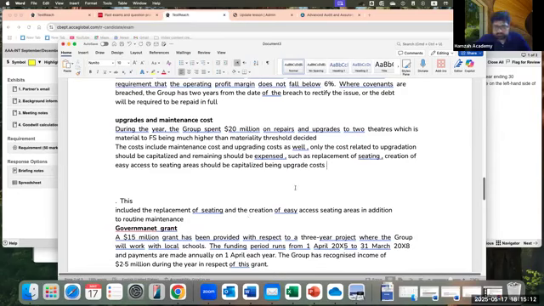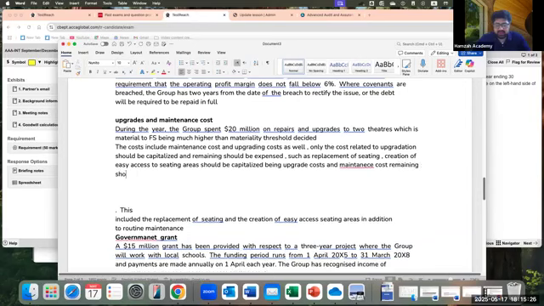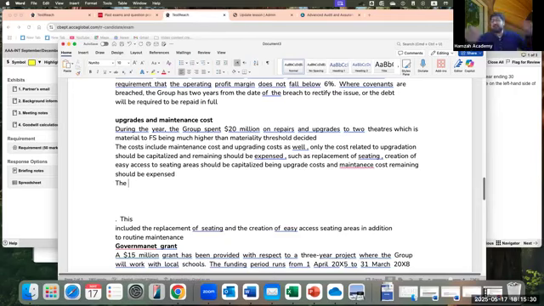Now, the risk is, and maintenance cost remaining should be expensed. The risk is that they have not given us information. This is where details are not given.